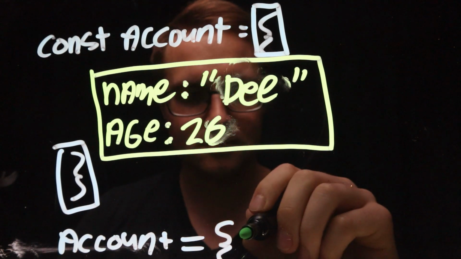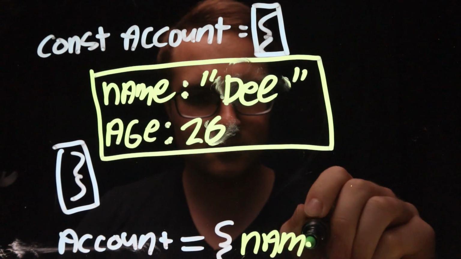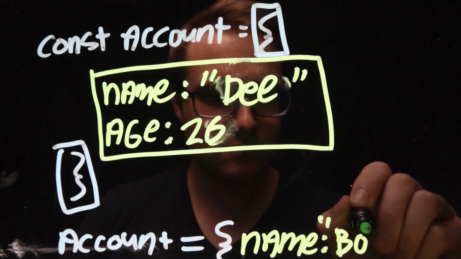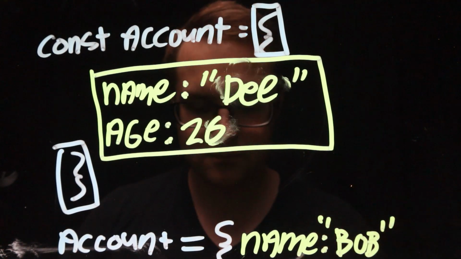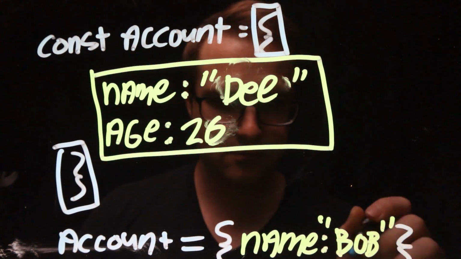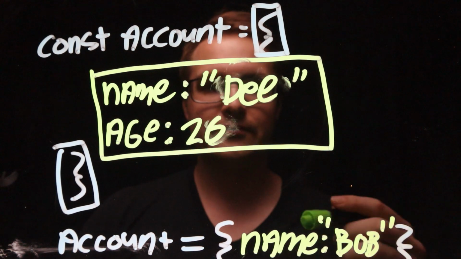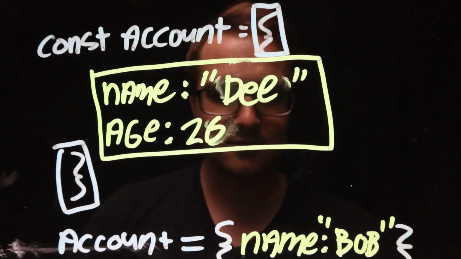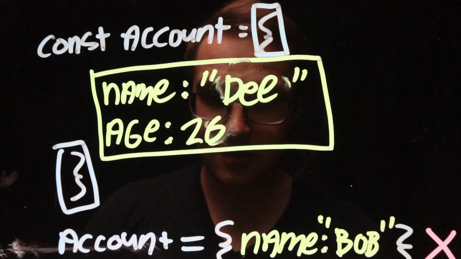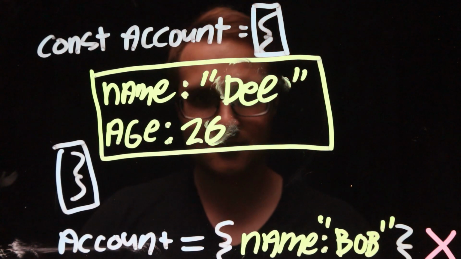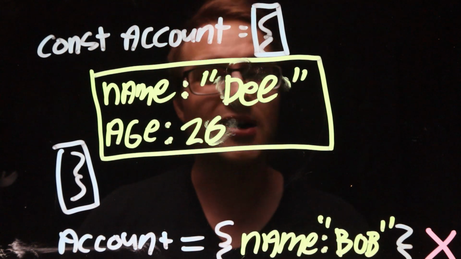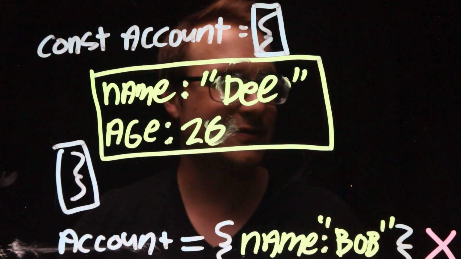You could say name Bob. This you're not allowed to do, because this right here is a different crust than this.